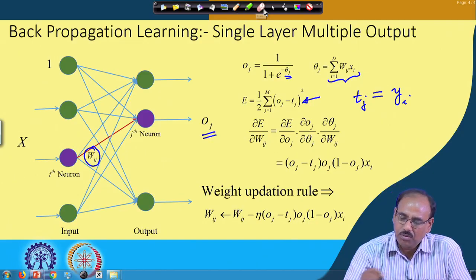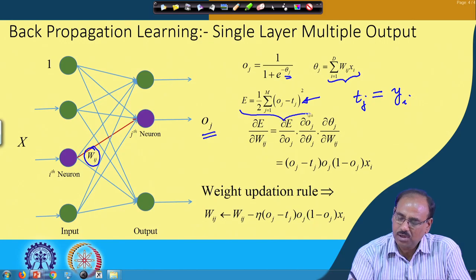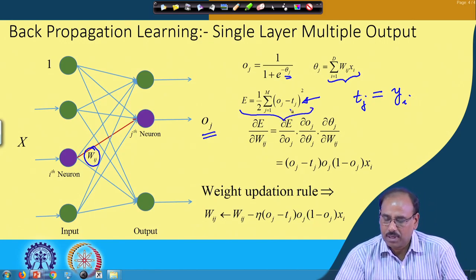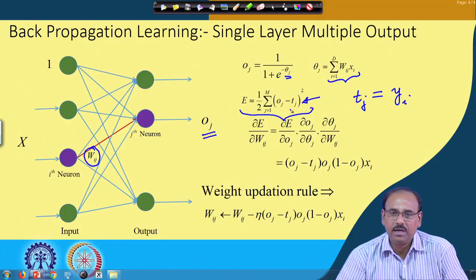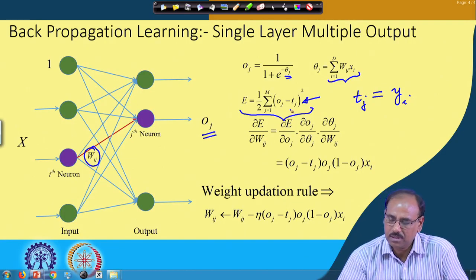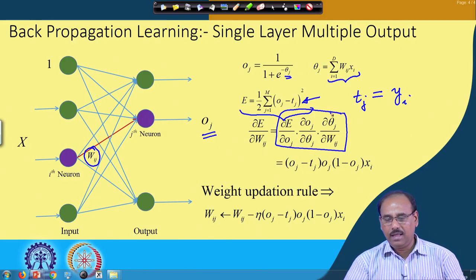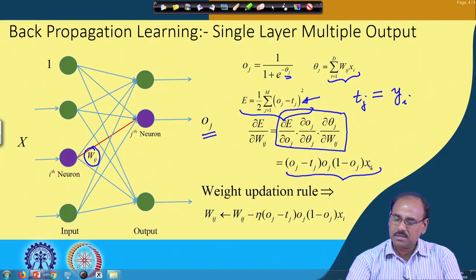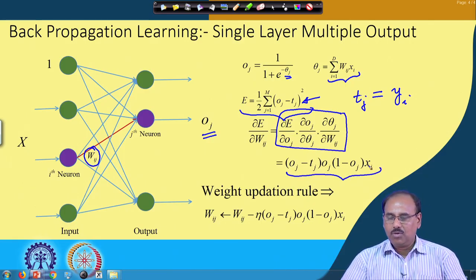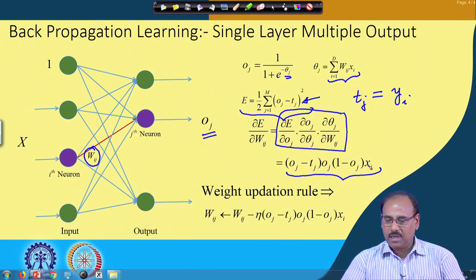We need to minimize this loss function with respect to w_ij. For that, again we use the gradient descent approach, so I have to find the gradient of this loss function with respect to the weights. I compute del E del w_ij, which according to the chain rule is del E del O_j into del O_j del theta_j into del theta_j del w_ij. Computing this gives (O_j minus T_j) into O_j into (1 minus O_j) times x_i.